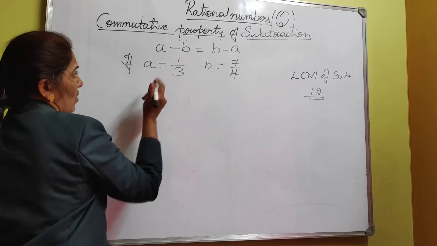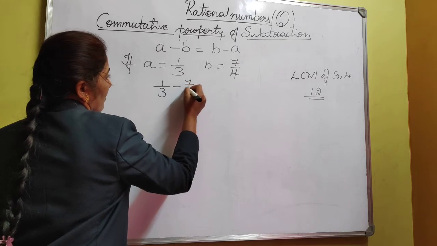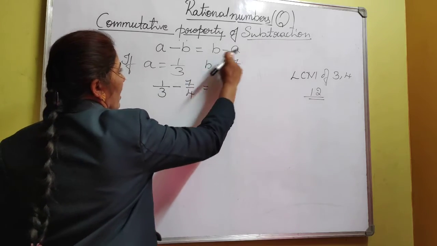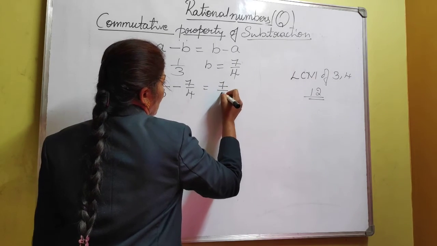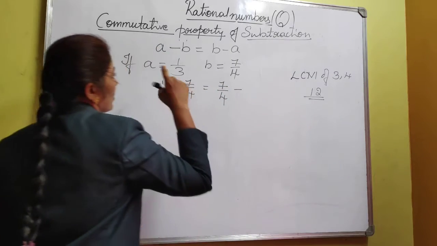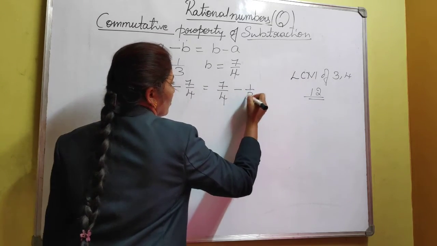First I will write in this form, that is A minus B, that is 1 by 3 minus 7 by 4. Again I will write in this form, that is B minus A, which is nothing but equal to 7 by 4 minus, what is the value of A here? 1 by 3.